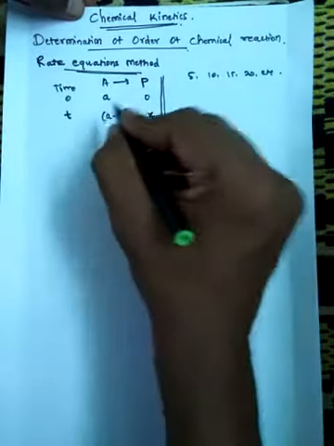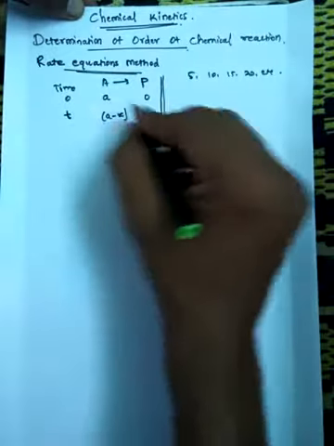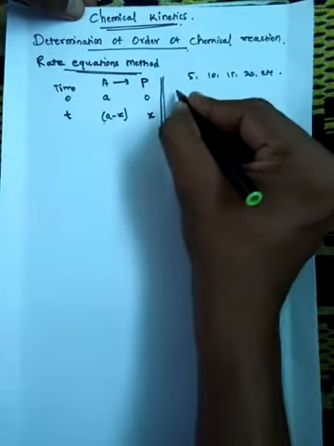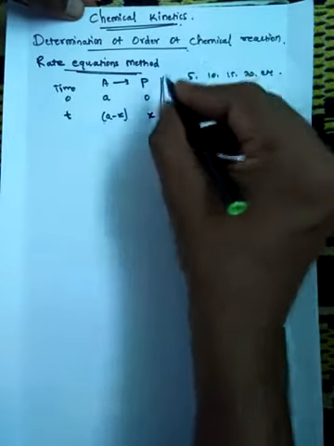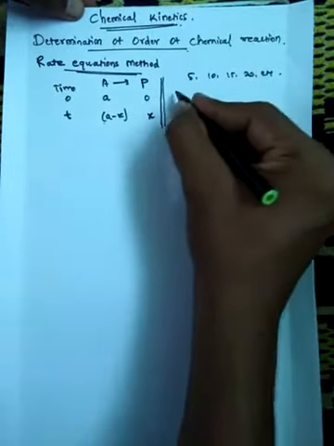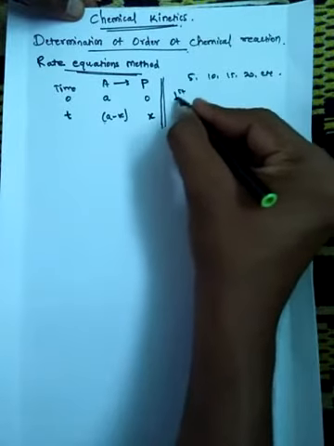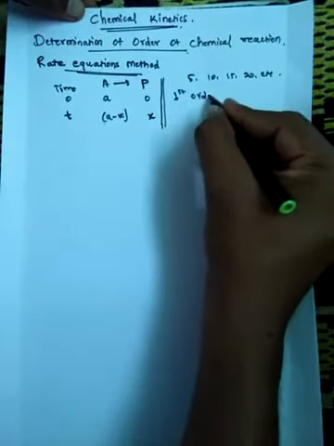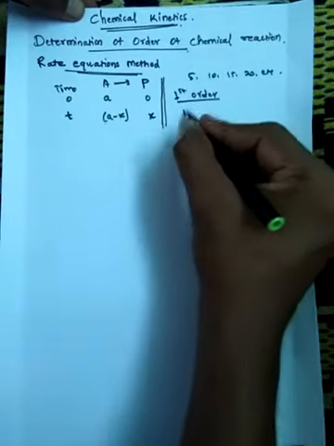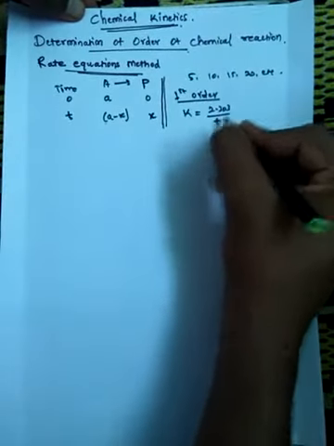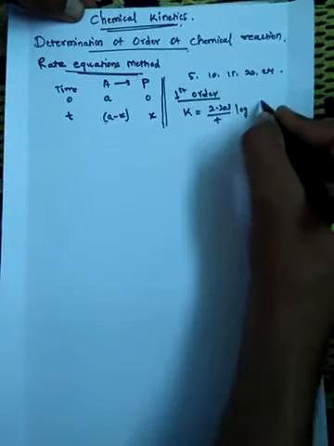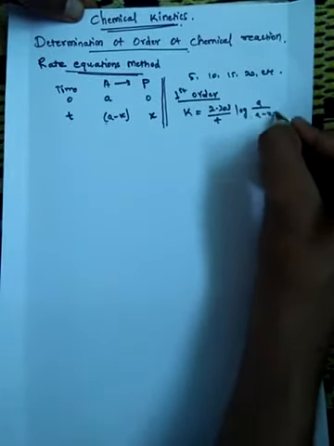If I find this value at various time, I simply use the integrated form of rate equation. For the first order, I know the equation k equal to 2.303 by t logarithm a by a minus x.